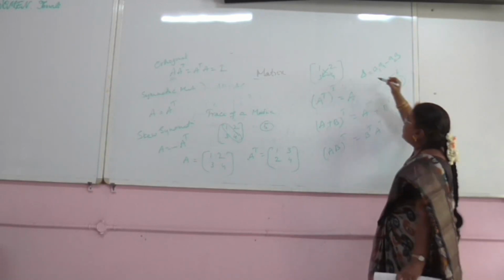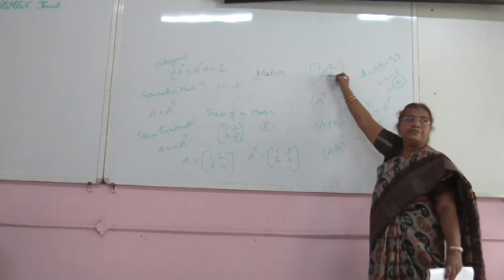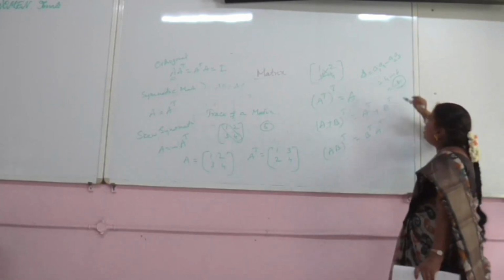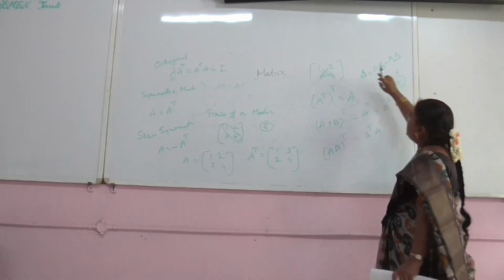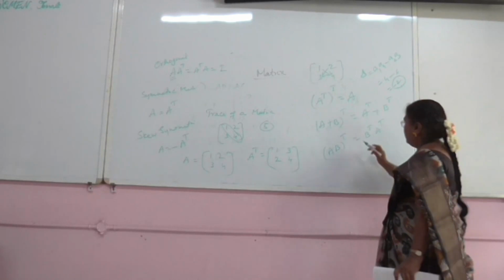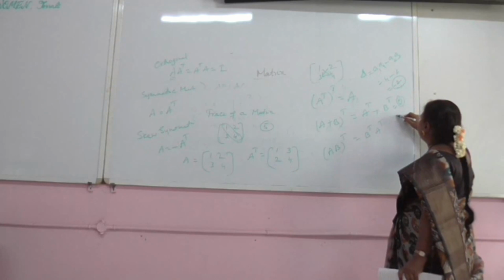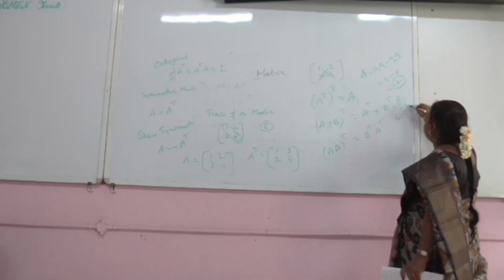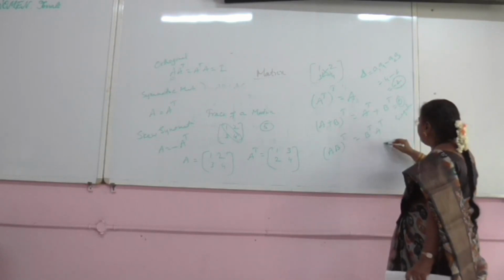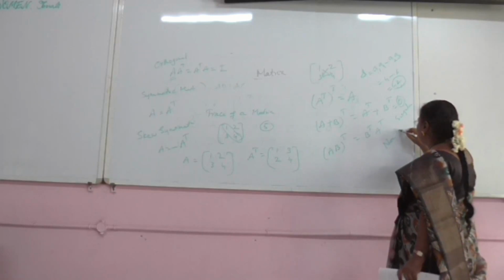This minus 2 is called the determinant of the matrix. Determinant of the matrix is minus 2. This is the number associated with the square matrix. If the determinant is 0, then the matrix is called singular matrix. If it is not 0, then it is called non-singular matrix.